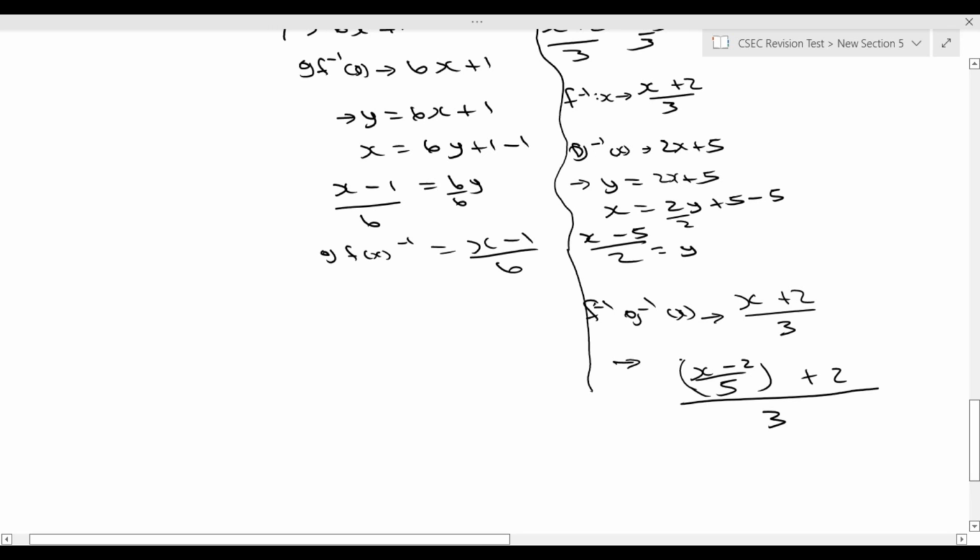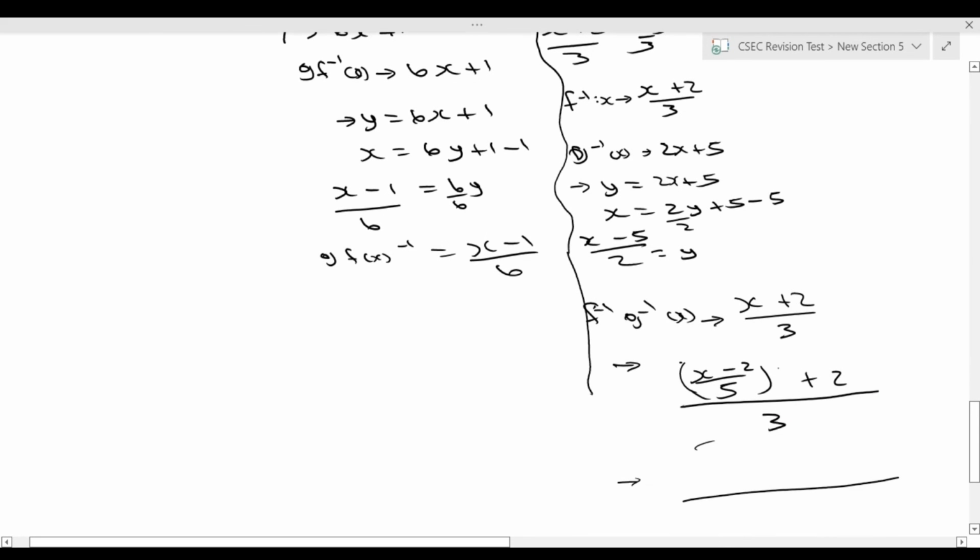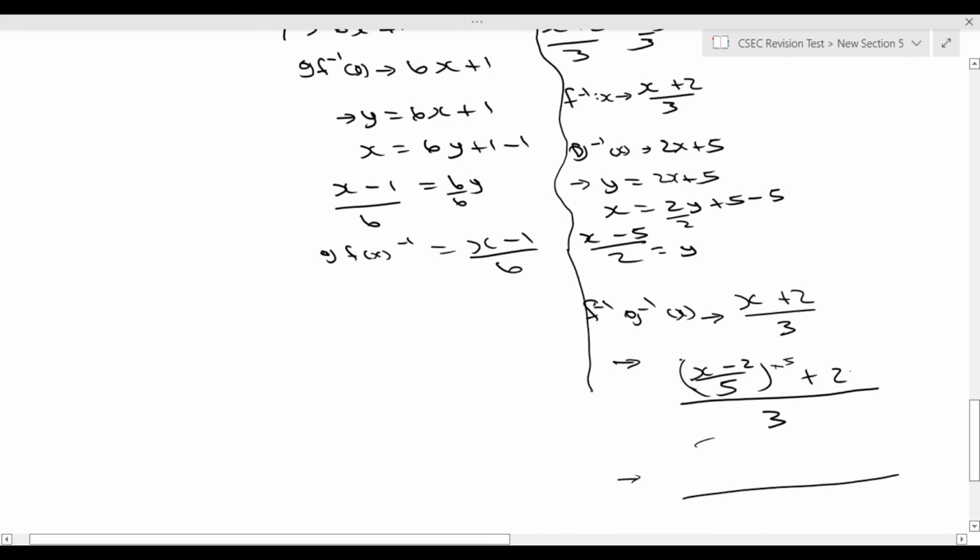And what we will do here is, all right, we see our 2 is being divided. So we'll multiply this by 2, multiply this 2 by 2 as well.